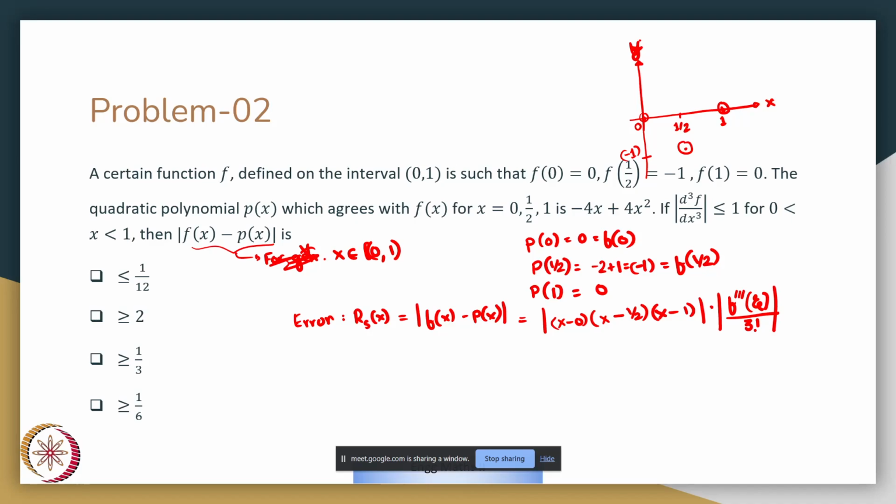So this is the error that we obtain in an interpolating polynomial.